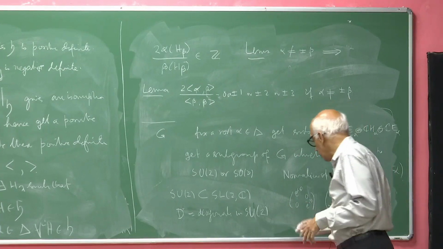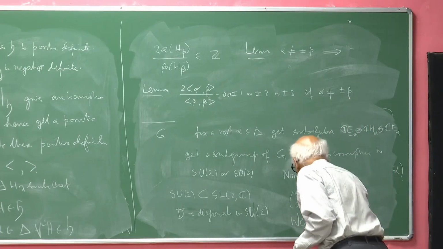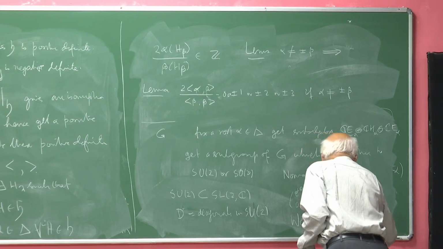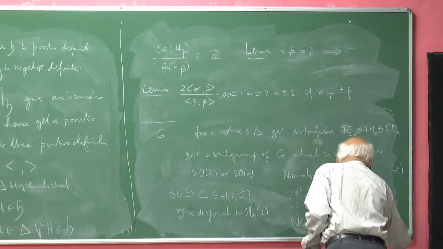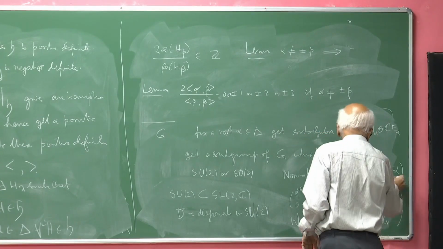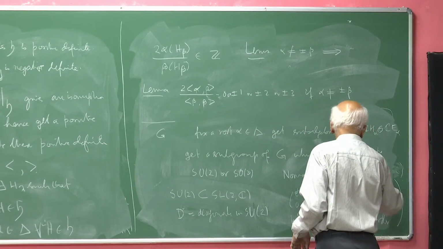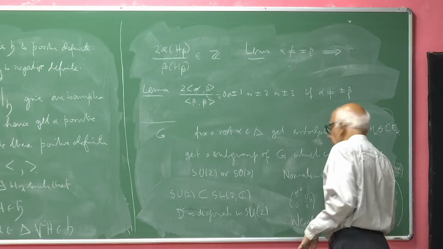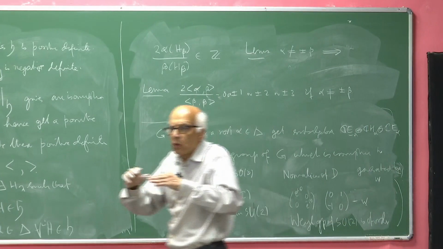The Weyl group of SU2 is of order 2, and it is generated by this element W. I am going modulo the torus.